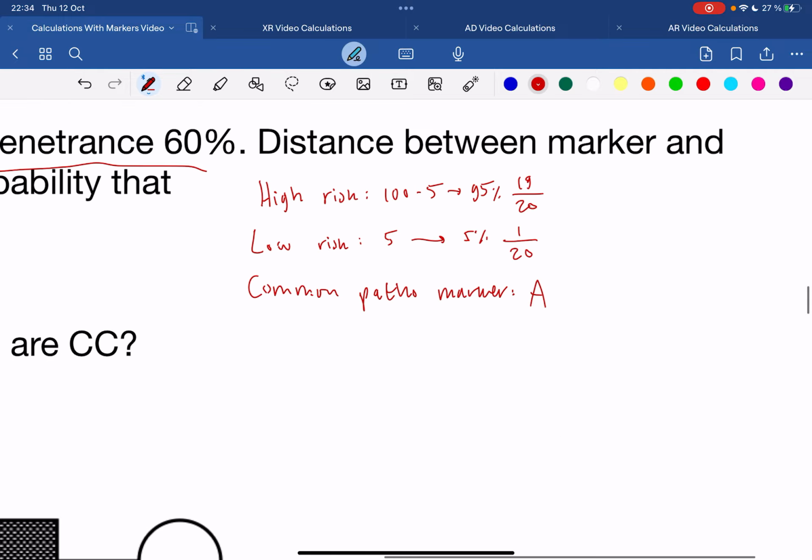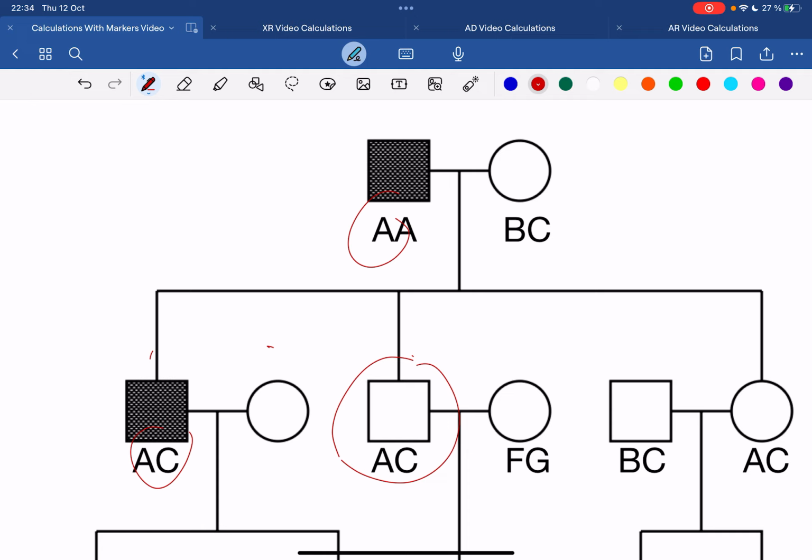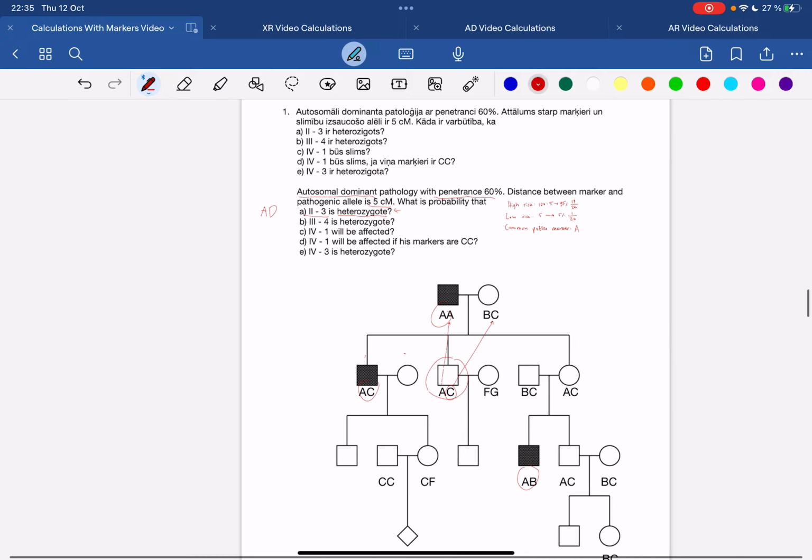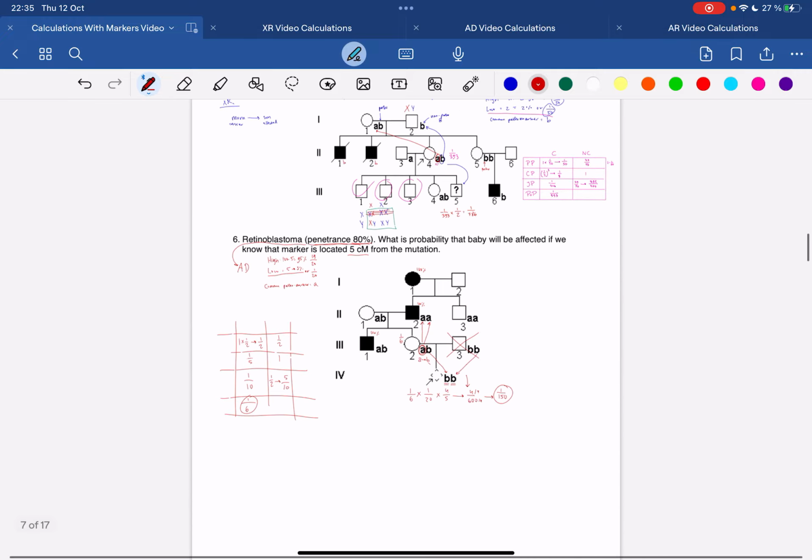Now here we can see, let me actually bring it up so I'm saying the right things. So here we can see that the C this person has gotten must have come from the mother, and the A must have come from the father. But just like previously with this person right here, we don't know which of the A's this person has gotten.